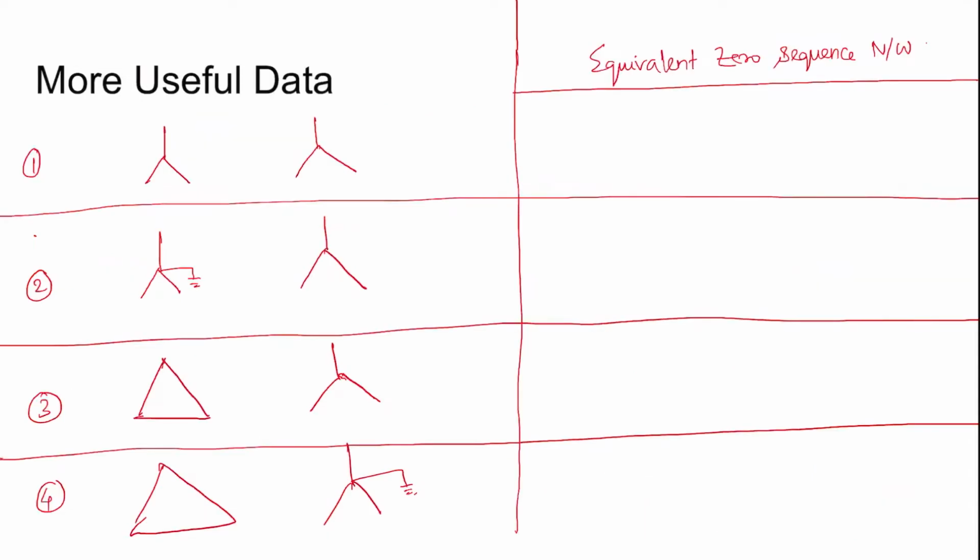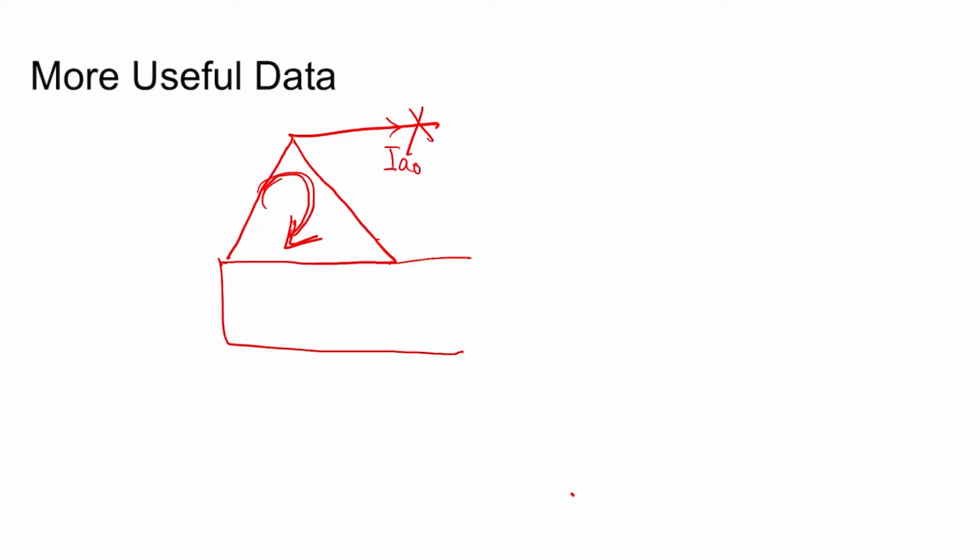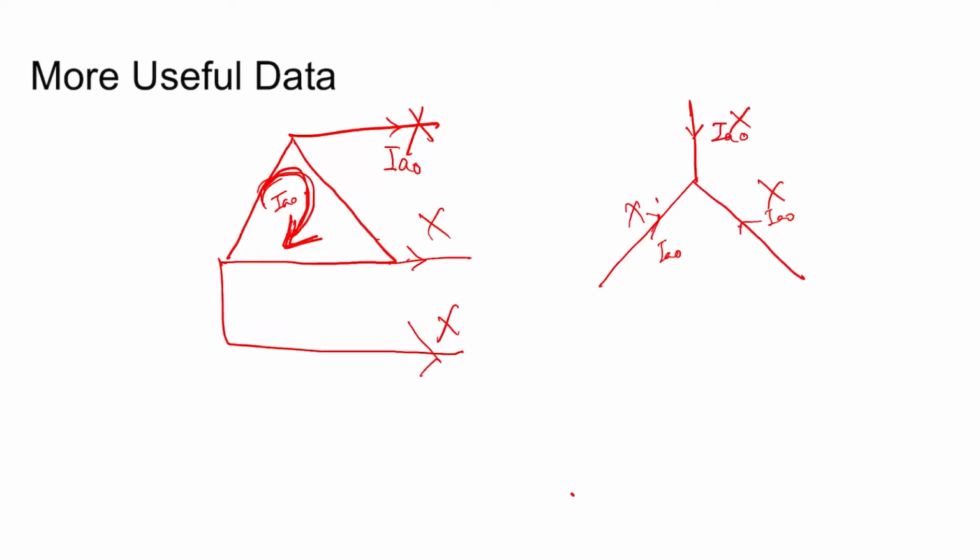Coming to the configuration for our delta connection, we should remember that the zero sequence component cannot flow in the line but can flow in the delta winding like this. For a star connection also, the zero sequence components cannot flow in the line, but if the neutral is grounded, then the zero sequence current can flow.